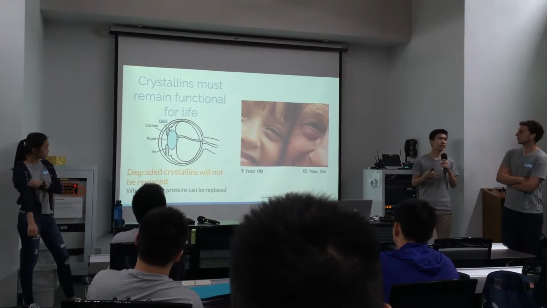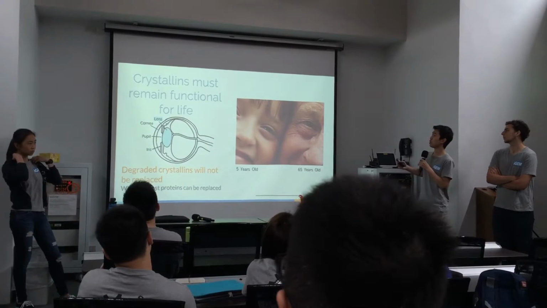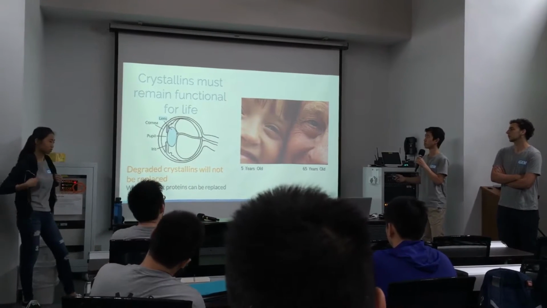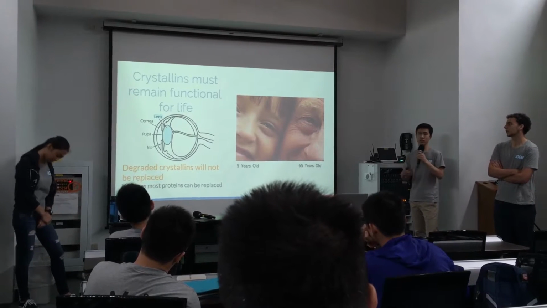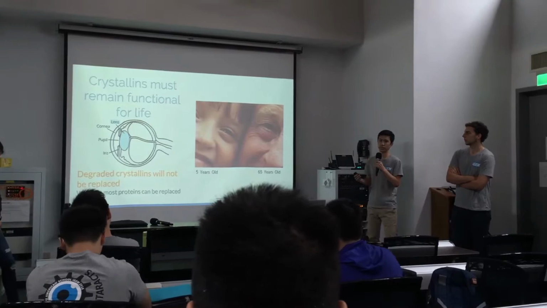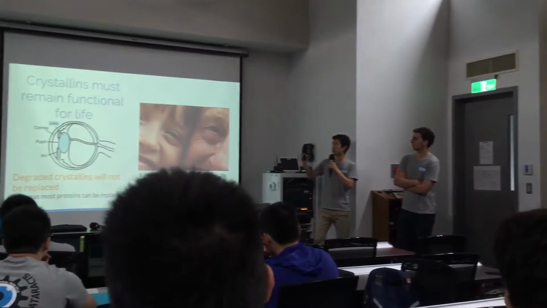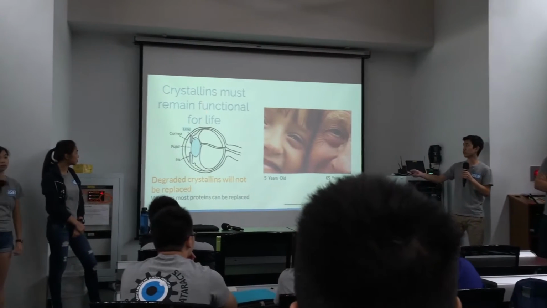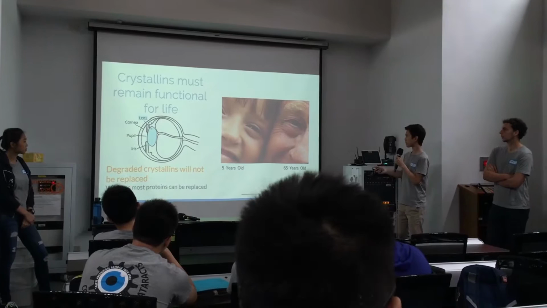To have a better understanding of how exactly and why exactly cataracts form, we need to know a little bit more about crystallines themselves. Previously, we learned that the crystalline proteins are what keep the lens clear. But perhaps the most important point about the crystalline proteins with respect to the formation of cataracts is that they must remain functional for our entire lives in order for us to see clearly.